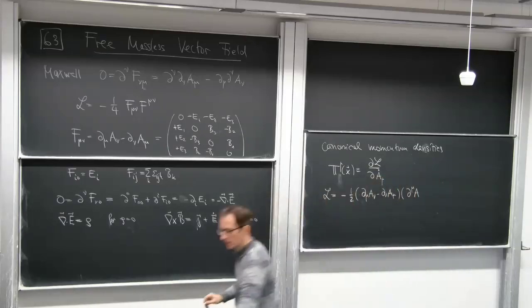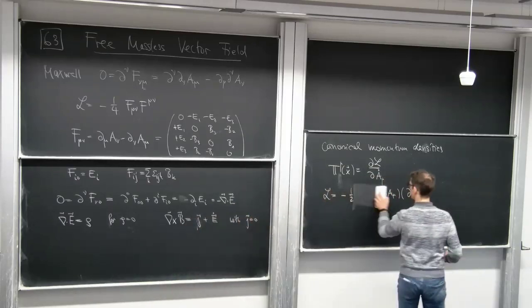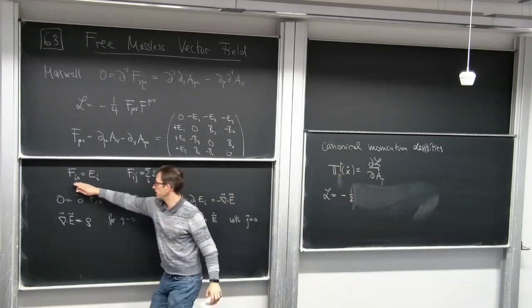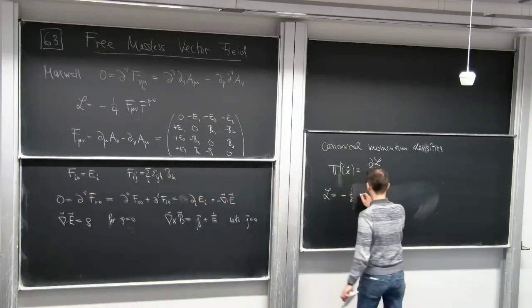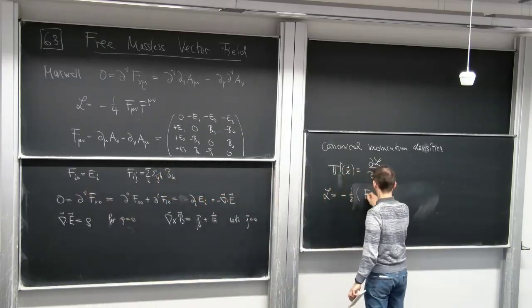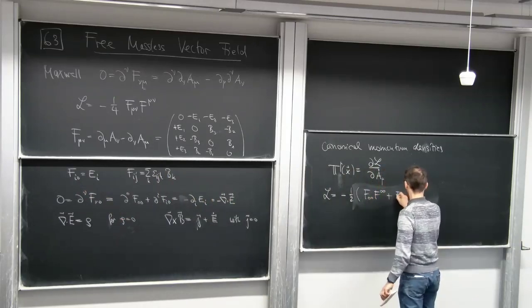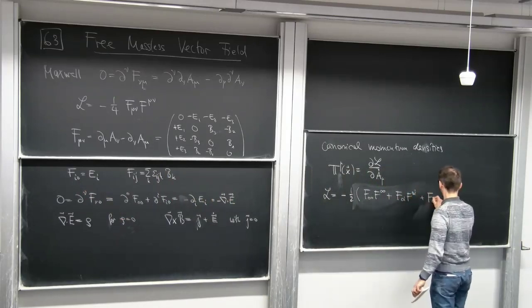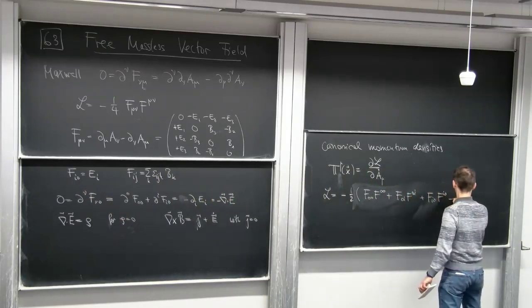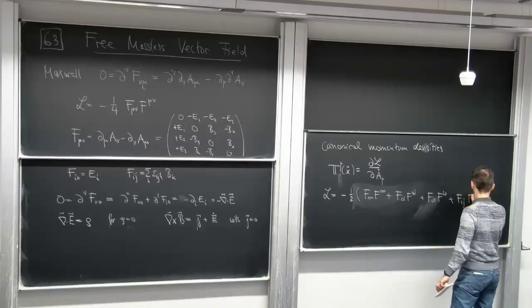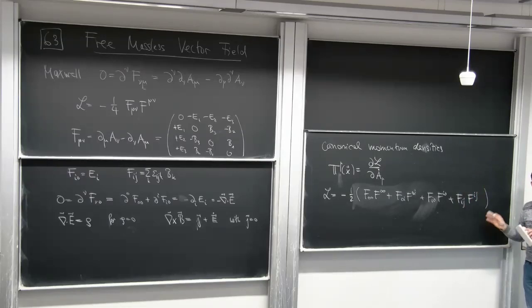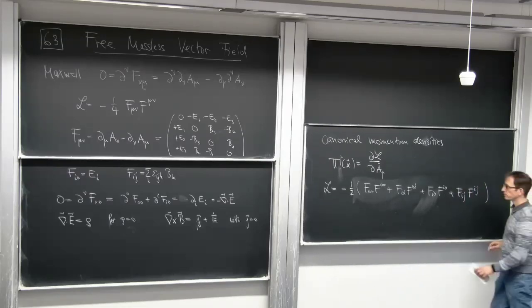Not wrong, but I think I can do faster writing like this. So it's an F, the F mu nu is an F00, both are 0, plus F0i plus Fi0 plus Fij. Right, so I just put this into time and space.